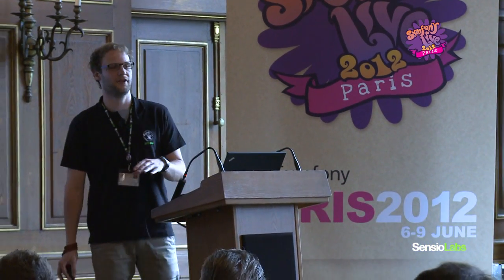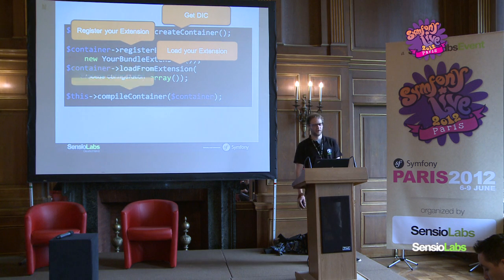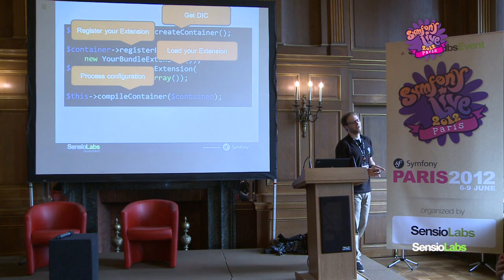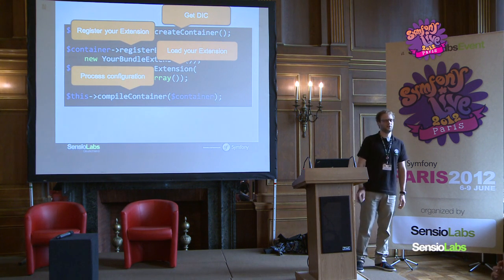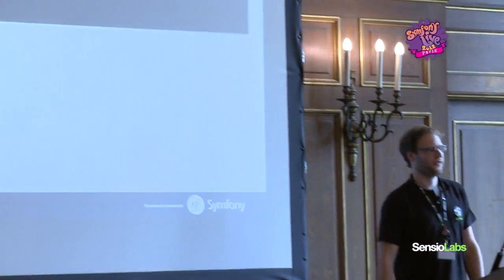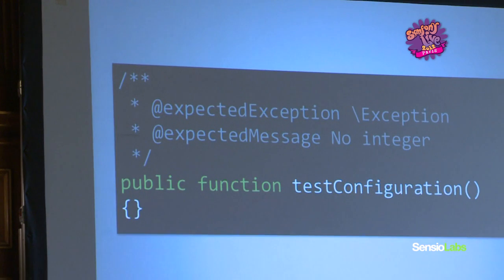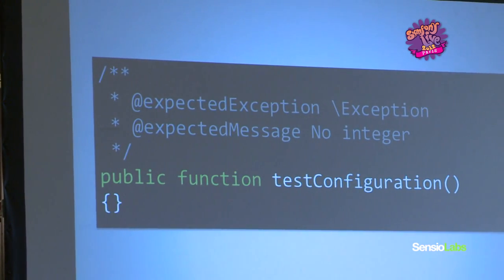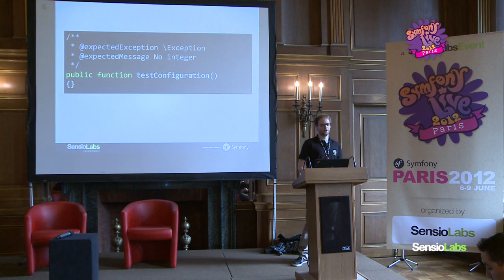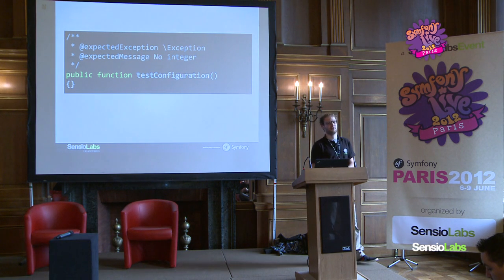So for every test you want, you can pass other configuration options, and these are going to trigger errors, validation, whatever. After that, you can call the compile container method, and everything gets loaded. And you can test things, like, for example, assert if a certain parameter is set to true, or if an exception is thrown, and what the message is. So you have all the options you're going to need for this.